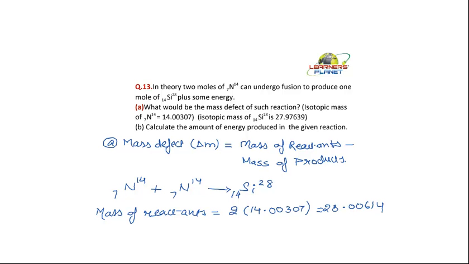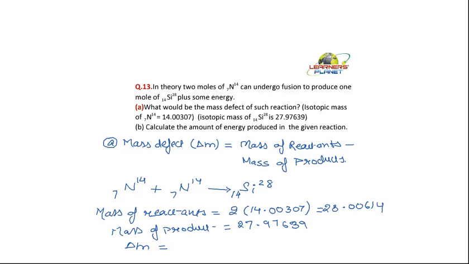So the isotopic mass of the product is equal to 27.97639. Right? Now what you need to find out is the mass defect.